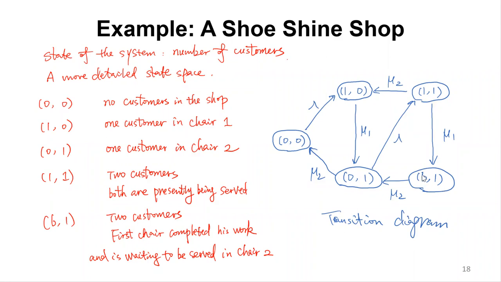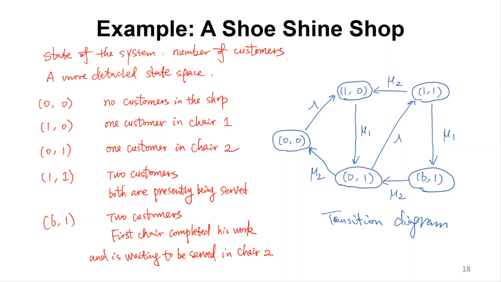If the first customer in chair 1 is blocked and chair 2 is being served, and chair 2 finishes at a rate of mu2, then it becomes 0, 1, because the blocked customer moves to chair 2. So this is the transition diagram among those states.